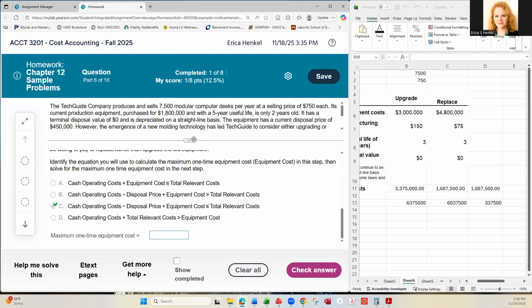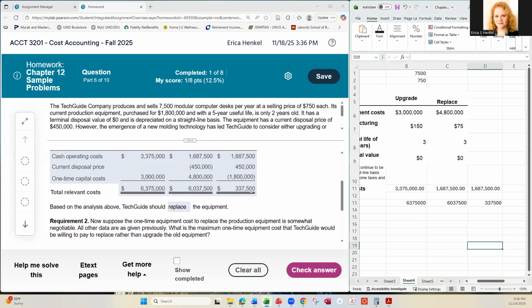Okay, so the maximum one-time equipment cost that we would spend, we're going to calculate that by taking the, so we had a $337,500 benefit here, right? So what they're asking is like, when do we become ambivalent between these two? Well, when these costs are equal, right?